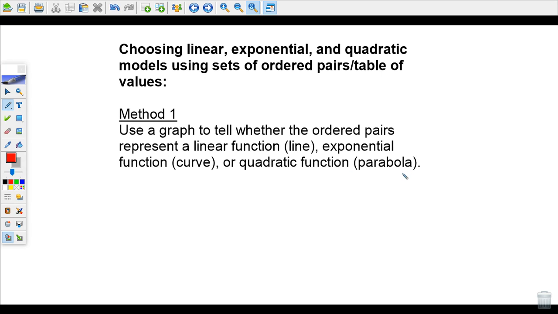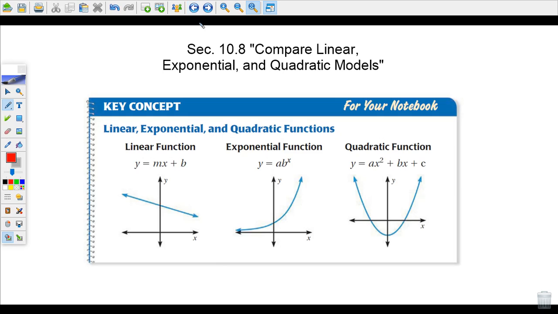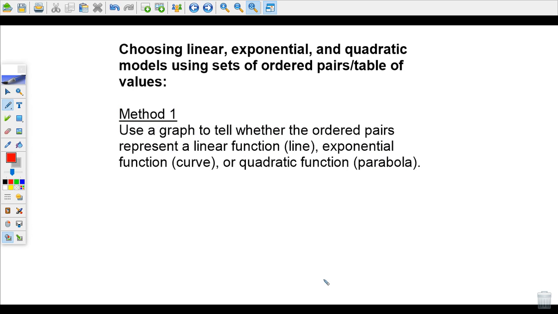And if you go back to the first slide, it shows you what these graphs look like. So linear is a line, exponential is going to be a curve, quadratic is going to be a parabola. So the first and most basic way to tell is to plot the points on a graph and see what the graph looks like.